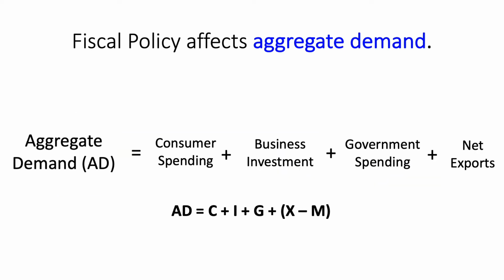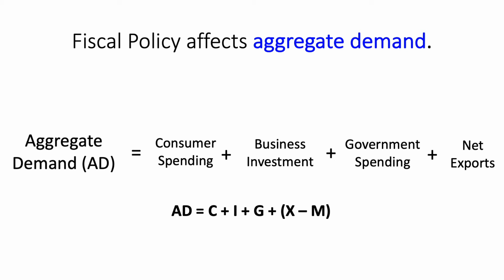Like monetary policy, fiscal policy is a demand-side policy, and this means that changes in fiscal policy affect aggregate demand in the economy. Governments can then use this to achieve macroeconomic objectives. But what is aggregate demand? Well, aggregate demand can be defined with this equation. Aggregate demand is consumer spending plus business investment plus government spending plus net exports.